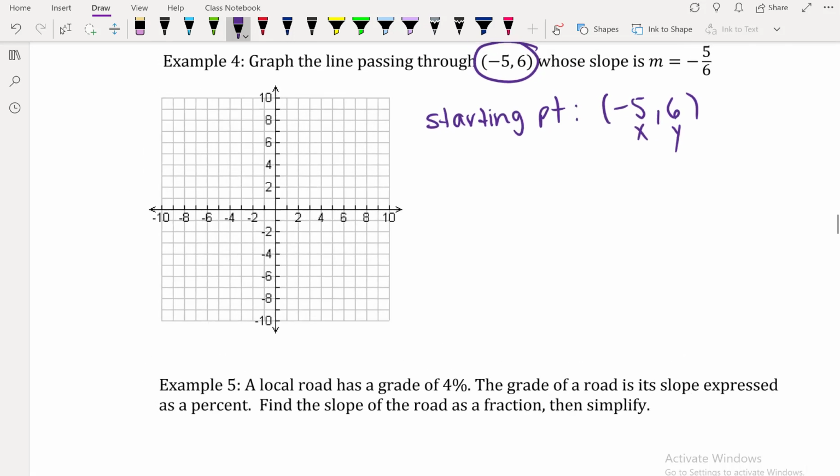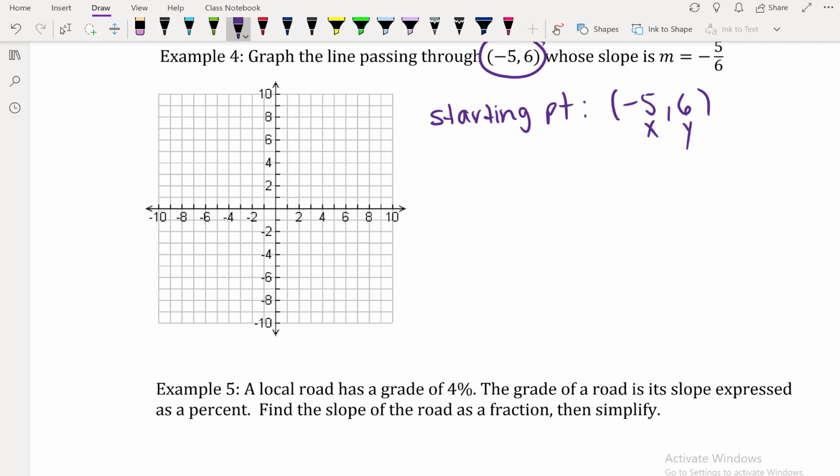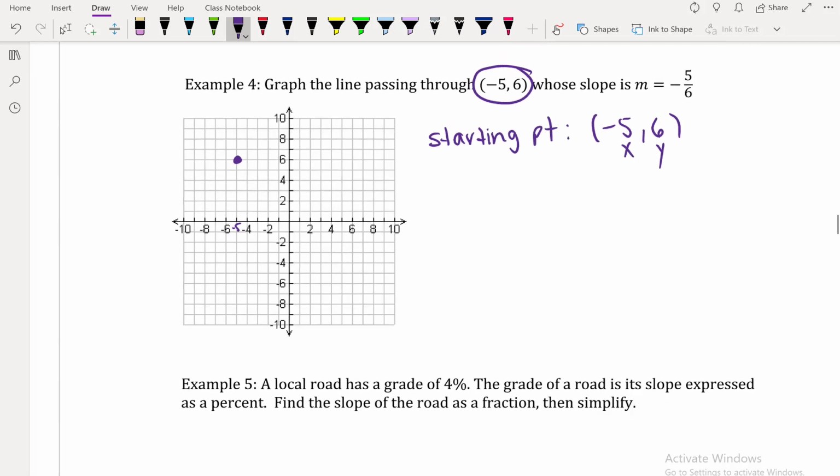I'm going to look at my graph, and I'm going to go to -5, +6. So -5 is here, and +6 is here. So when they meet, so if I have -5, +6, that's going to be my starting point.